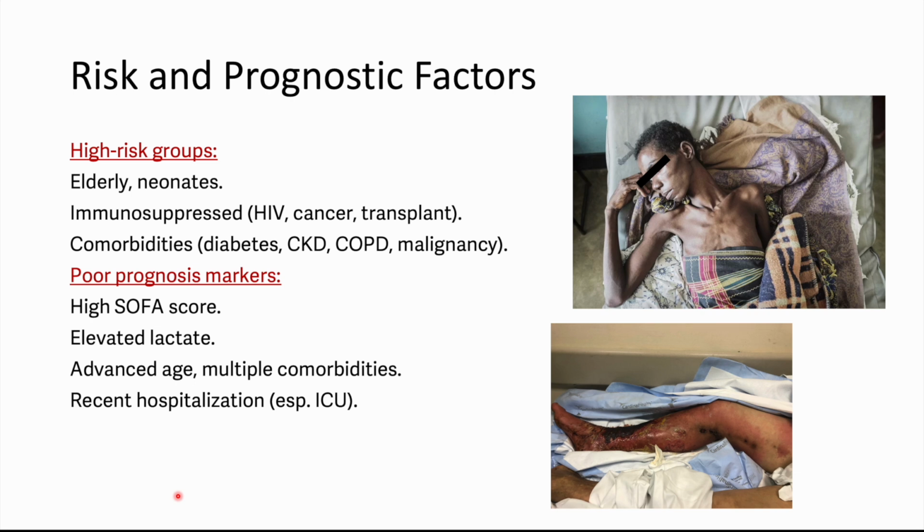These are all red flag patients. Poor prognosis markers are a high SOFA score, elevated lactate, advanced age, multiple comorbidities, and recent hospitalizations, especially a patient in ICU. These people need aggressive management.